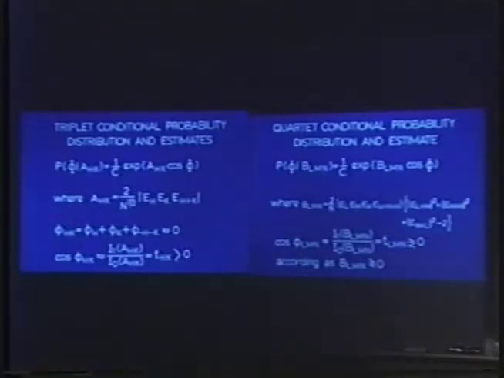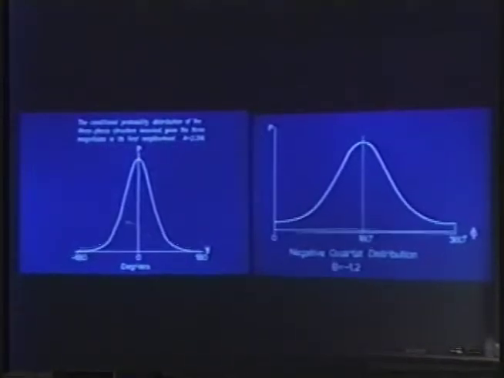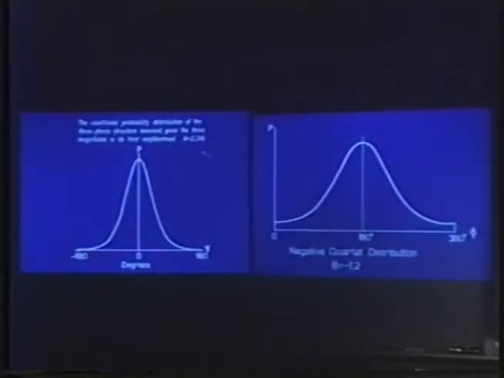But first, I want to show pictures of these distributions so we can see very clearly what they look like and the resemblances and the differences. This is the distribution of the triplet when the parameter A is 2.3. We see that the distribution has a maximum at 0, so the most probable value of the structure invariant is therefore 0.